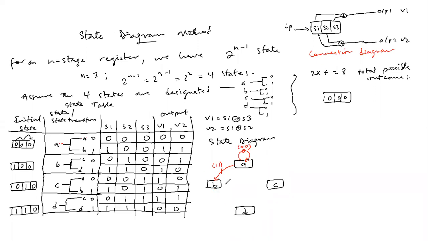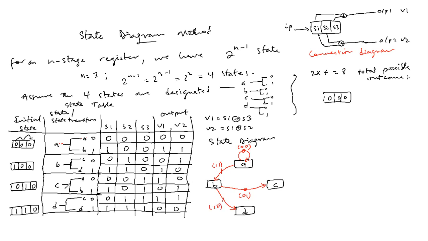So from B to C, we have B to C when it emits a 0. So let's put a 0 in here, and the output is 0, 1, 0, 1. And from B to D, it emits a 1. B to D when it emits a 1, and the output is 1, 0, 1, 0.